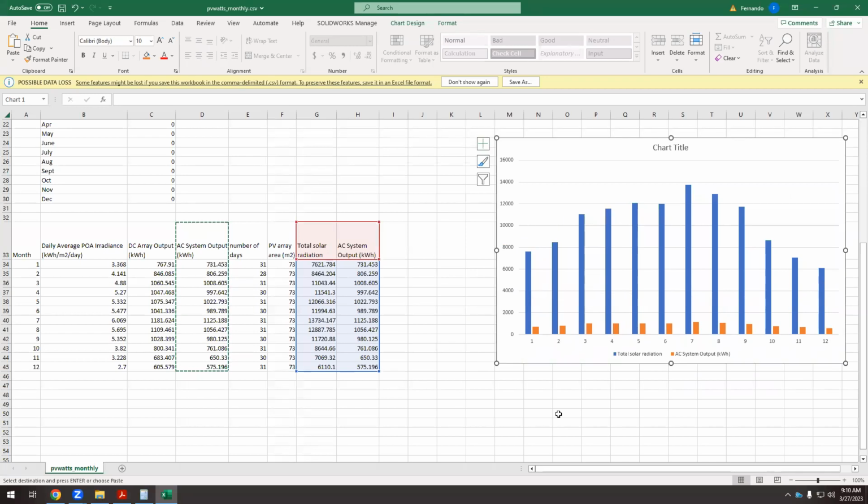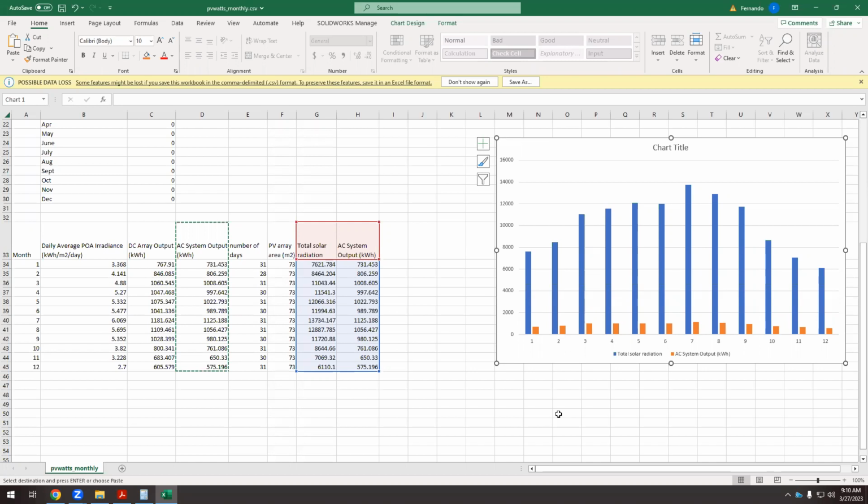Now, it would be great to compare, well, here we are comparing the solar radiation that we have outside, the energy that we get from the sun, and the actual energy that we can turn into electricity. But now I would like to compare the electricity that I can generate over the year with the energy consumption.